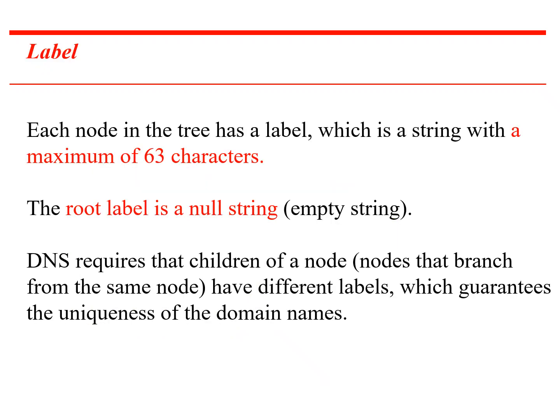First, we'll understand what a label is. Each node in the tree has a label, which is a string with a maximum of 63 characters. The root label is a null string, also called the empty string. DNS requires that children of a node have different labels, which guarantees the uniqueness of the domain names.